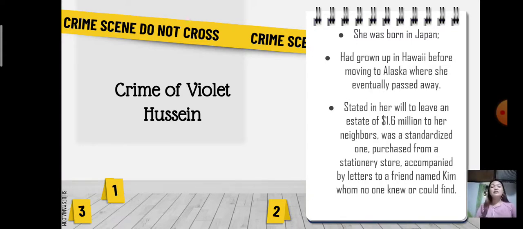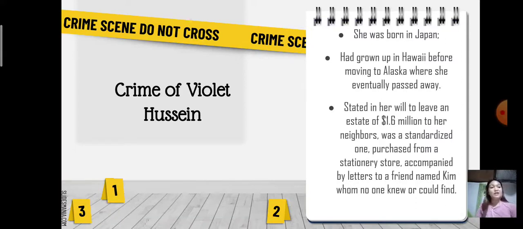Violet Hussein left a will, where there is a statement that she is leaving most of her estate, worth $1.6 million, to her neighbors. The family of Violet Hussein was quite shocked about the will. Why is Violet Hussein giving this large amount of her estate mostly to her neighbors?